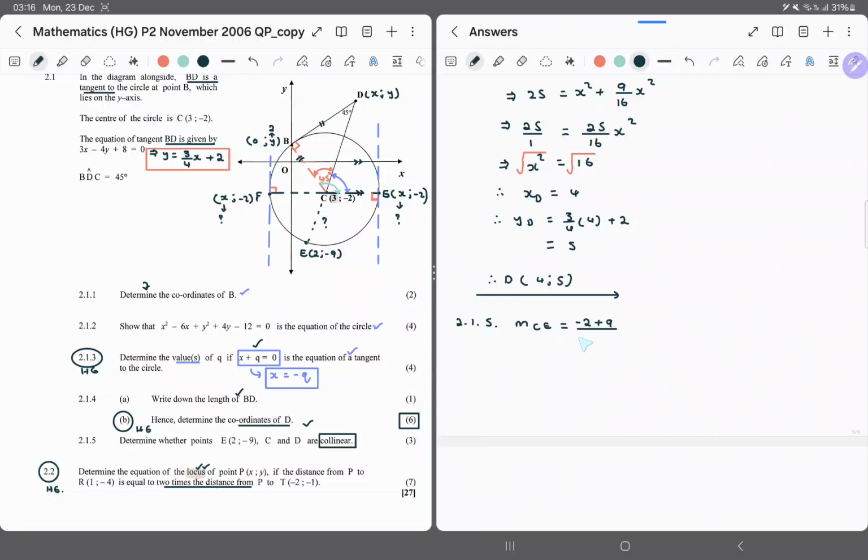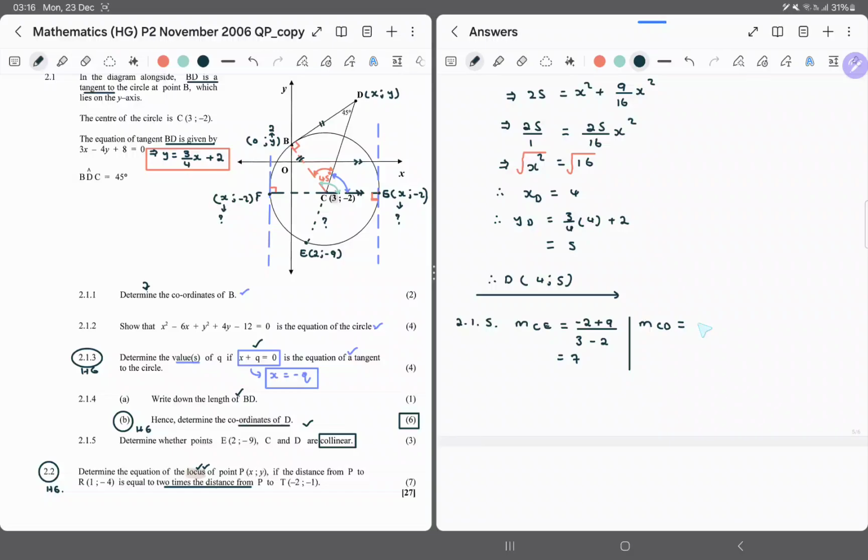So this is going to be 3 minus 2. What is this equal to? This is 7 divided by 1. So this is just 7. Yeah, that's quite a steep gradient. I'm going to try to write the next one here and say, what is the gradient of CD?